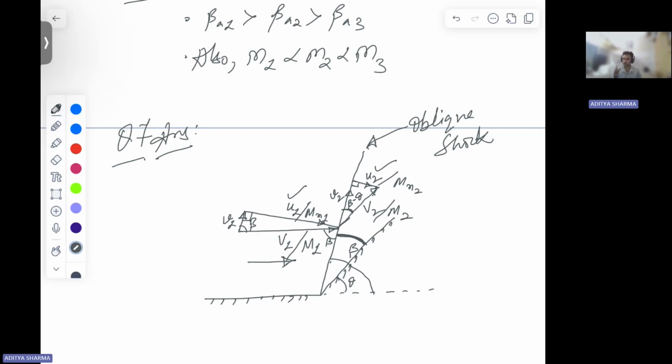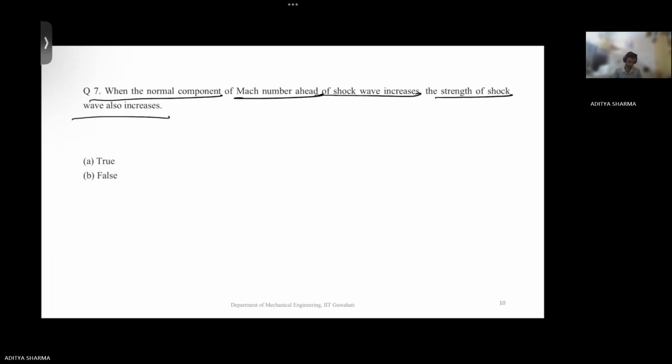So if we are talking about just the normal component, if the normal component is increasing, the strength of this shock wave is also going to increase. Okay, so this is a true statement there. This is question number 7.